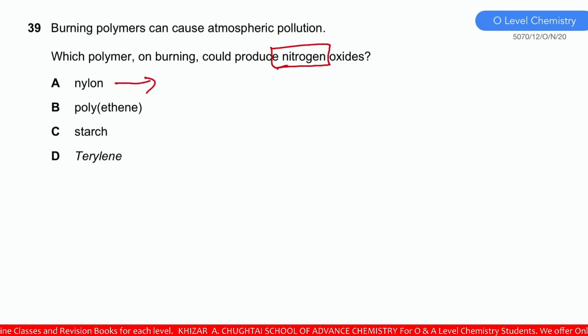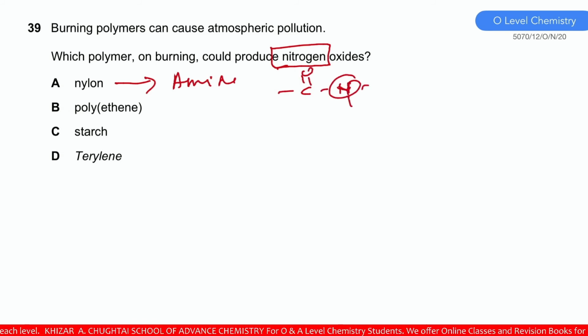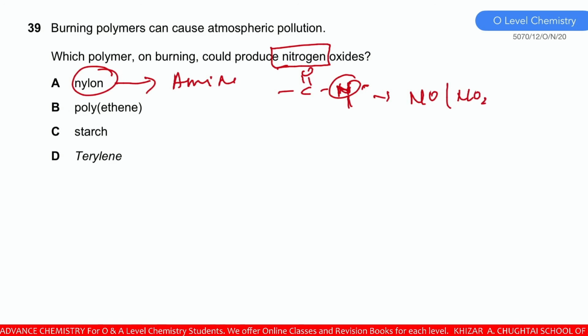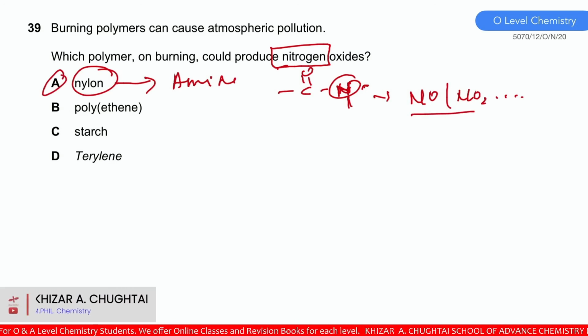This nylon is having the amide linkage. Amide linkage means this one linkage, and there is a nitrogen atom present in the nylon, so it will give NO2, NO, and so on, nitrogen oxides on burning. So A is the correct option.